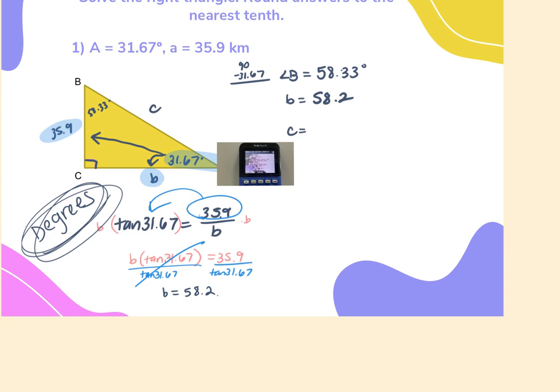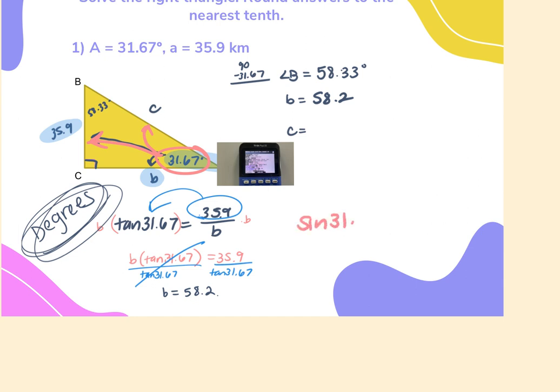All right, and then I want to find C. Now, technically, I have three options. I can use the Pythagorean theorem. I can use B, what I just found, with C, and that would be cosine. But both of those are using a rounded amount. So I want to avoid both of those, and I want to stick with the information they originally gave me, which means I'm going to use the 31.67, the opposite side, and the hypotenuse, and that's sine.